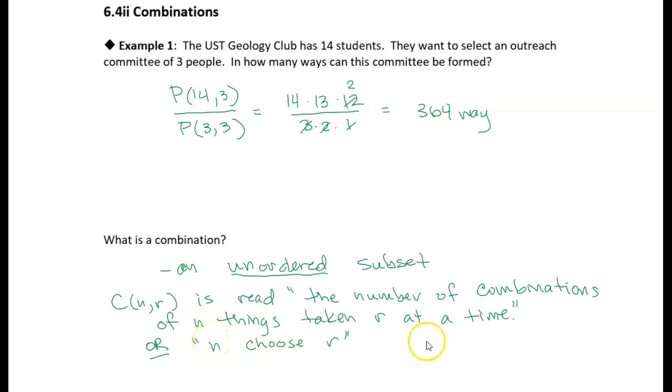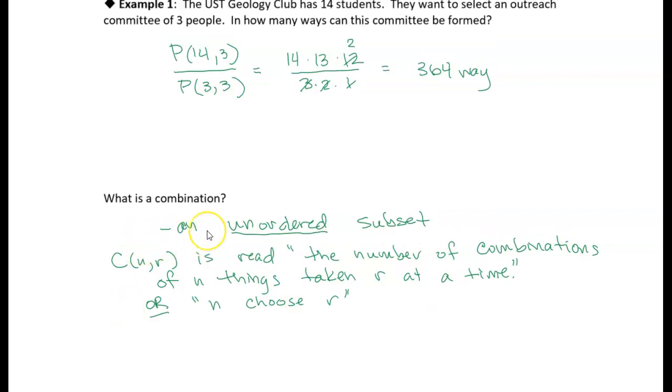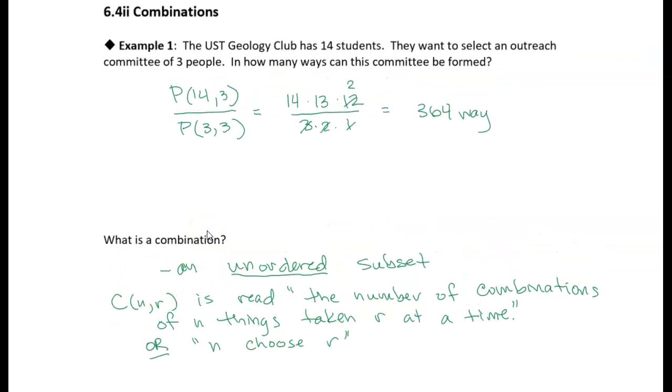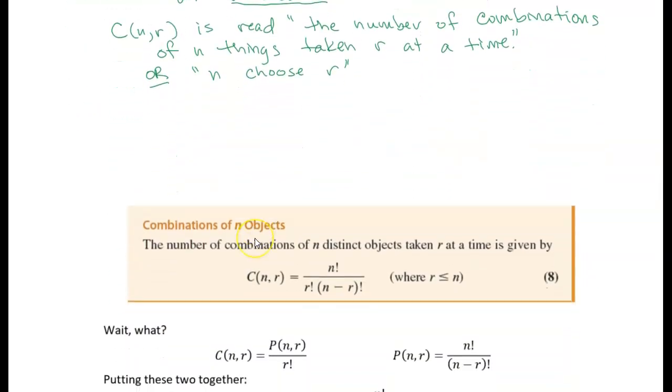In example one, we found the number of combinations of 14 things taken 3 at a time, so this is equal to C(14, 3), 14 choose 3. And so there's a formula. Now, I'm going to say, don't bother.